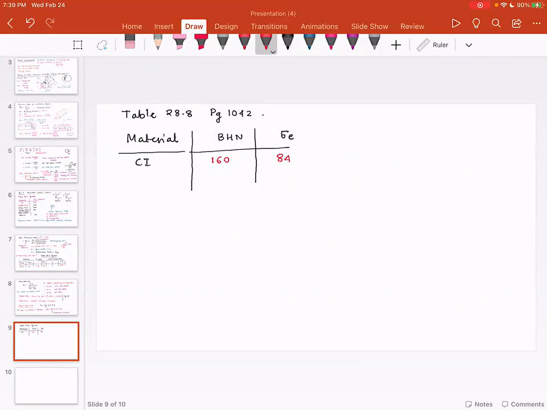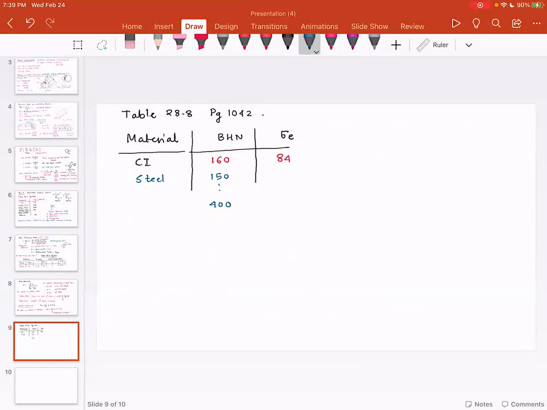However, for steel, since it can be heat treated, the Brinell hardness number can go from 150 all the way to 400.